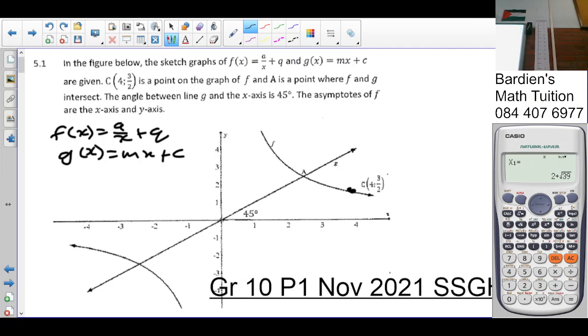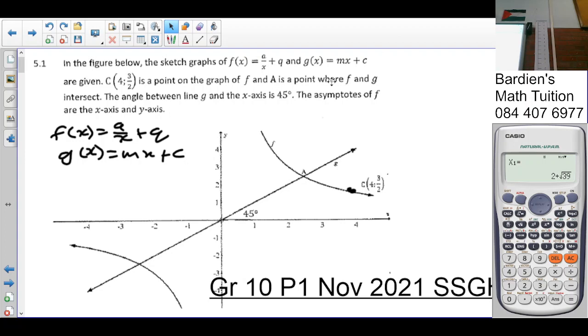A is the point where f and g intersect. The angle between g and the x-axis is 45 degrees. The asymptotes of f are the x-axis and y-axis. So that's where we're at.